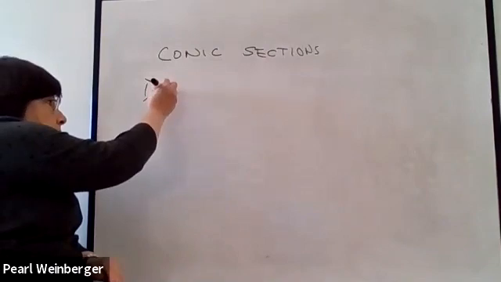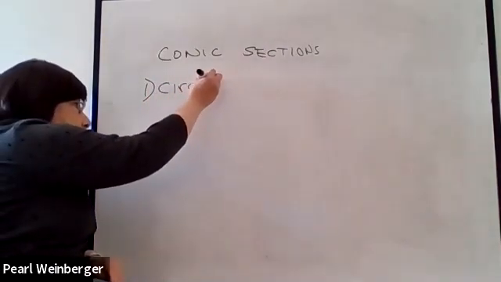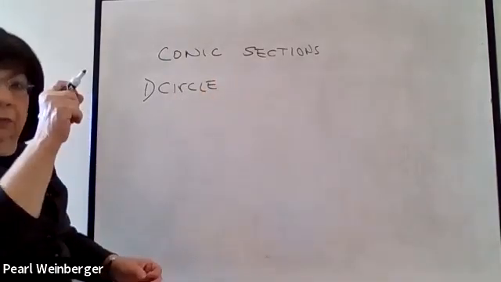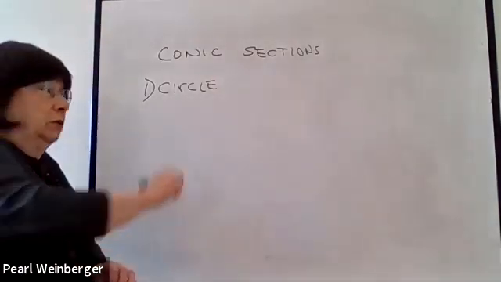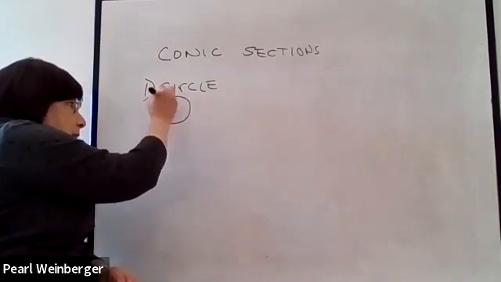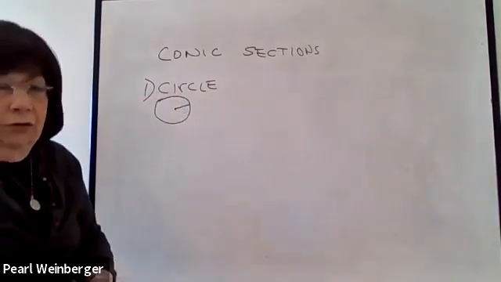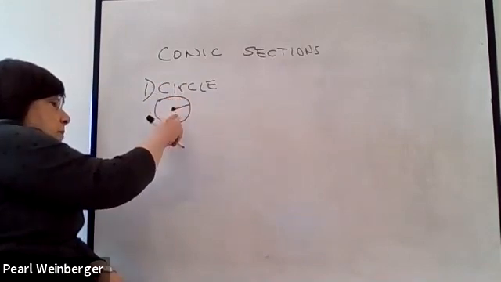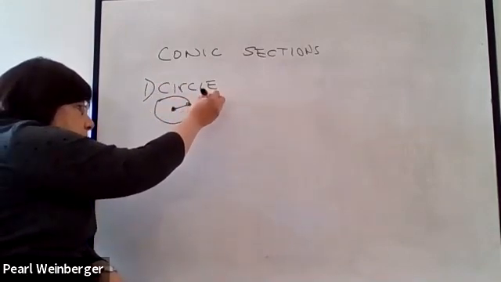One is called a circle. This is going to sound familiar. Of course, you know what a circle looks like. A circle has a point in the middle called the center, and then it's the same distance all around it. The length from the center to the edge of the circle is called the radius.